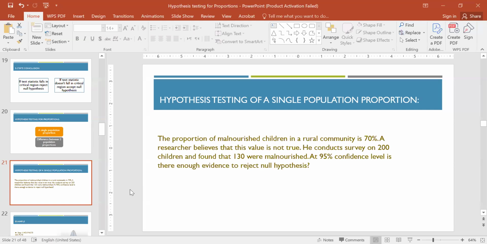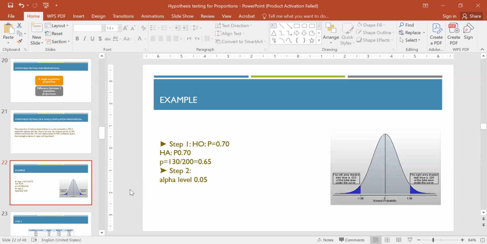So now we have to complete all the 5 steps on this example. The first step was to state the hypotheses, both the null and the alternative. The null hypothesis will be P is equal to 0.70. It means it will be the same as before and there will be no difference. But the alternative hypothesis is that P is not equal to 0.70.